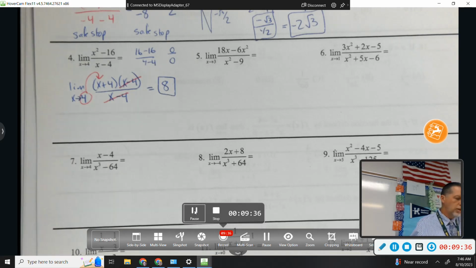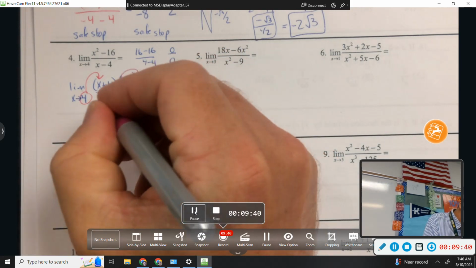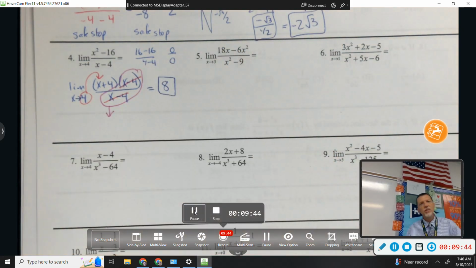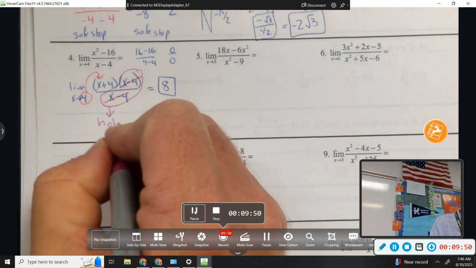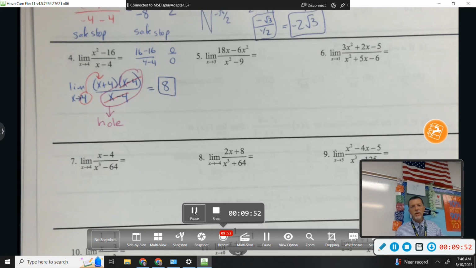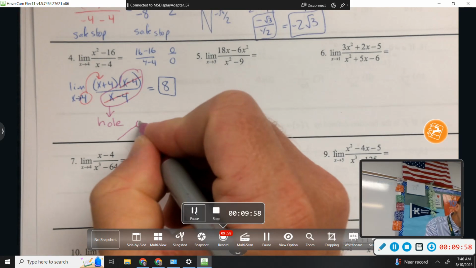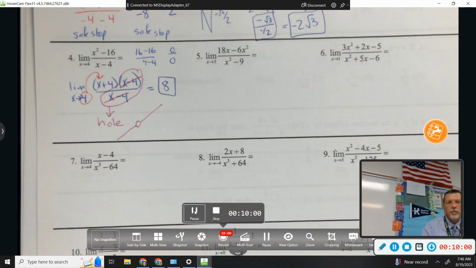Okay, a little bit of a sidetrack here. Do you remember what in pre-cal was happening if you canceled an x minus 4 top and bottom? That makes a hole. If you canceled top and bottom, that made a hole. Now, I have no idea what this thing looks like, but I know what a hole in general looks like. Something like that.